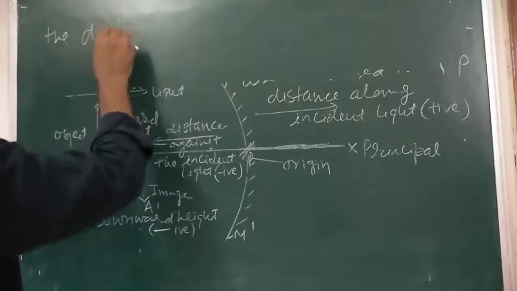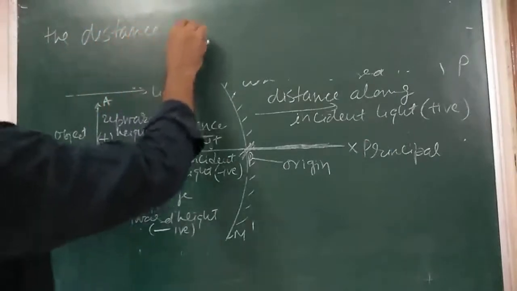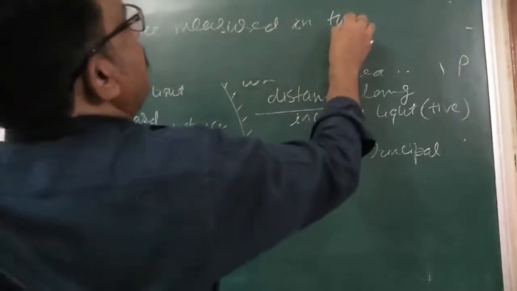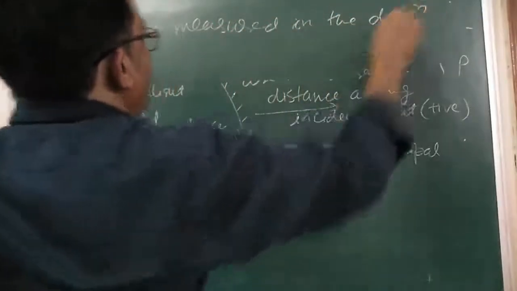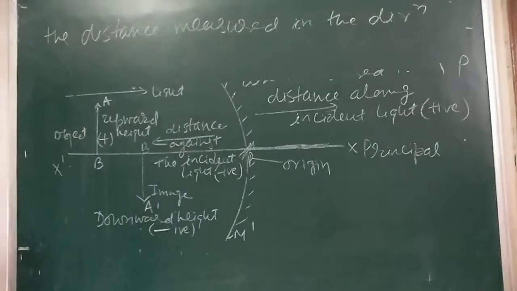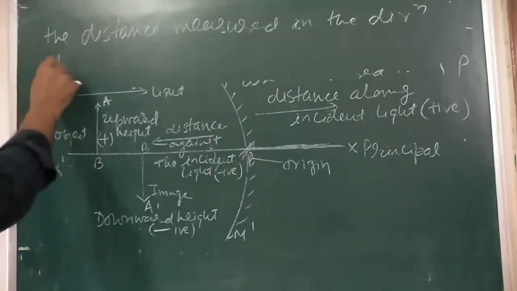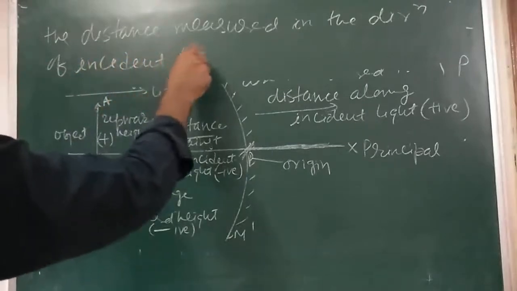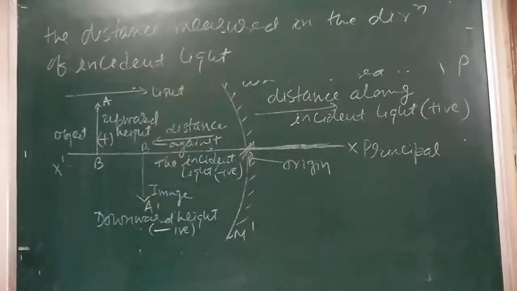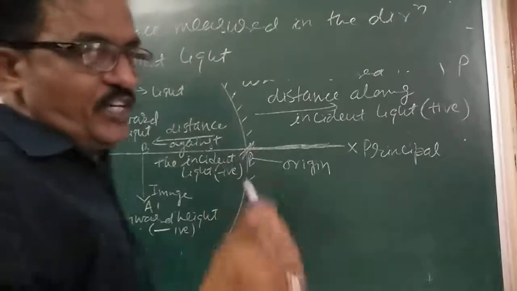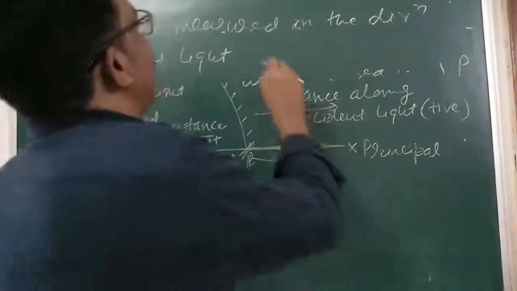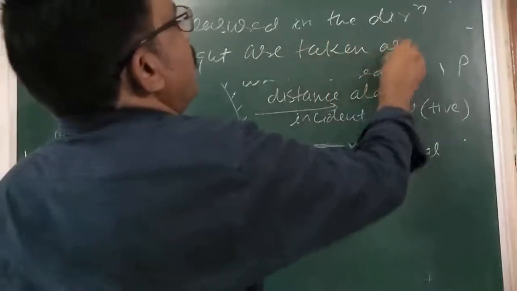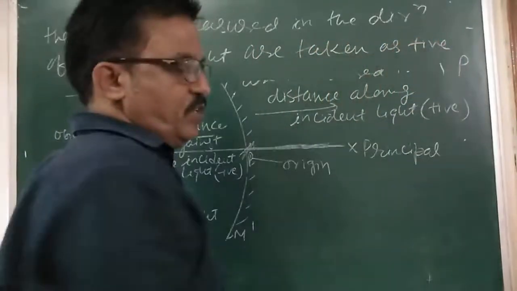The distance measured in the direction of incident light is taken as positive. This is the fourth one.